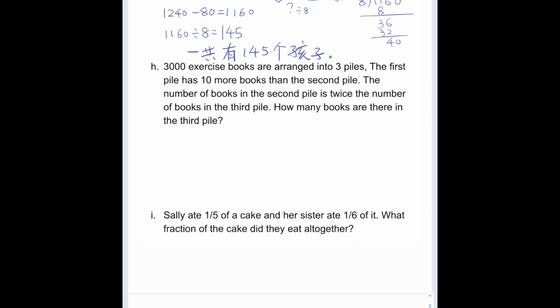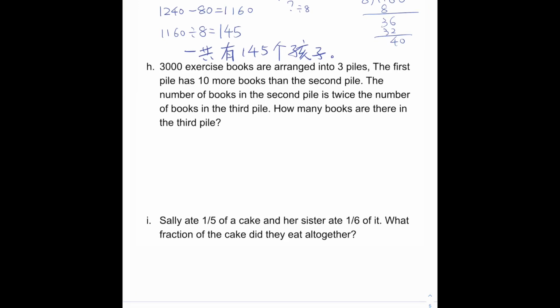3,000 exercise books are arranged in 3 piles. The first pile has 10 more books than the second pile. The number of books in the second pile is twice the number of books in the third pile. How many books are there in the third pile? So let's do it.